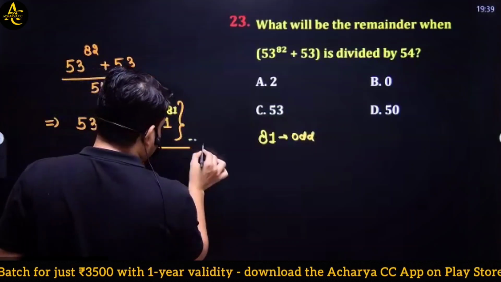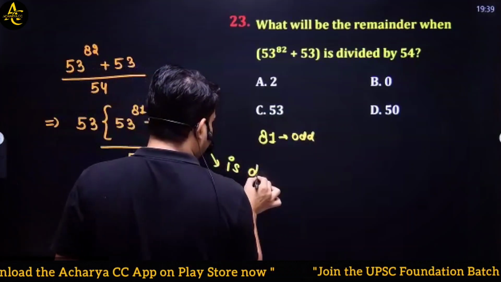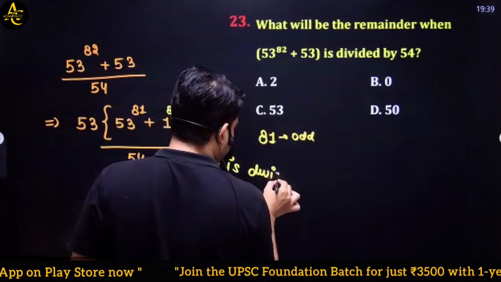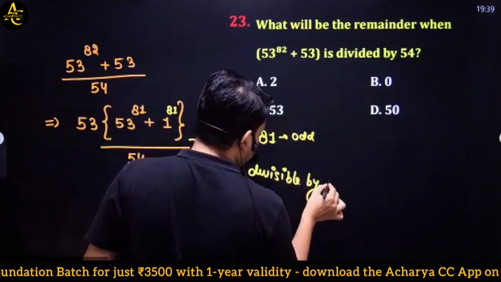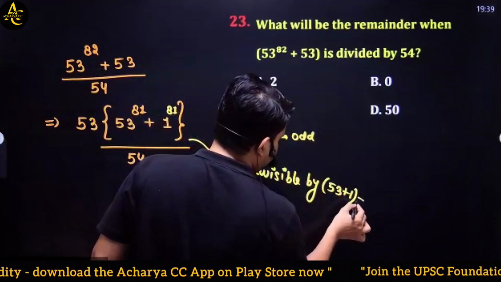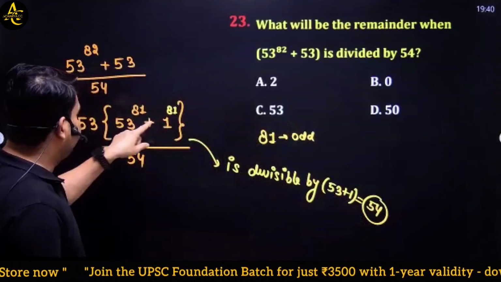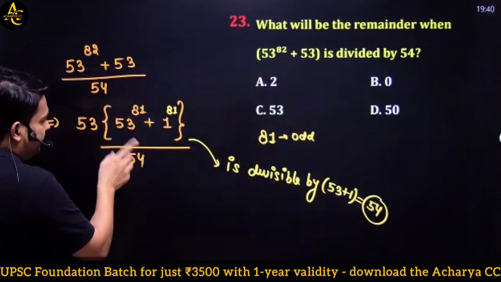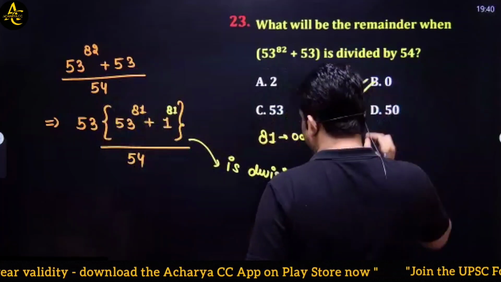This number is divisible by 53 plus 1, meaning a plus b, which is equal to 54. If this number is divisible by 54 and 54 is there, the remainder will be 0.